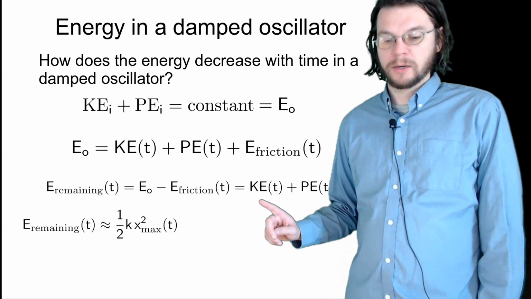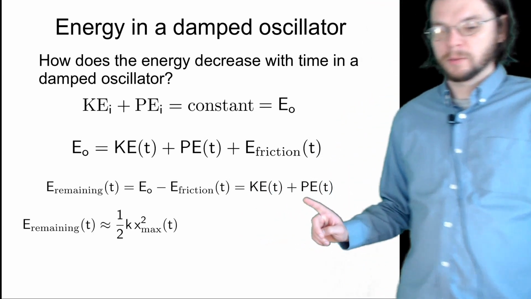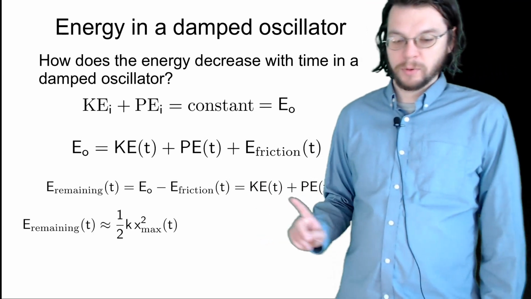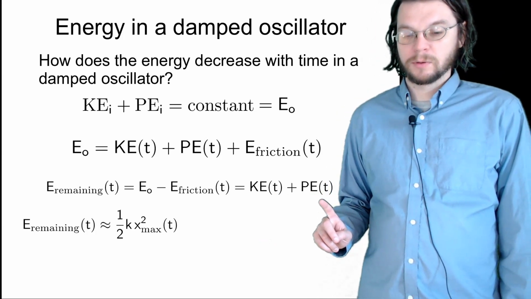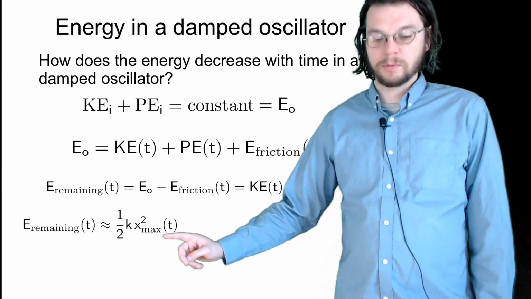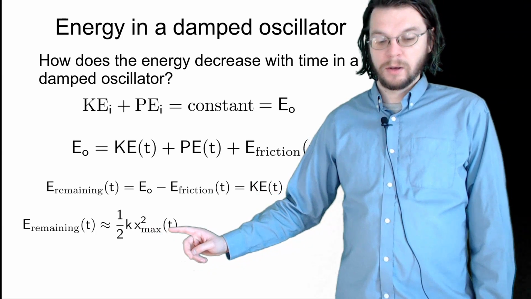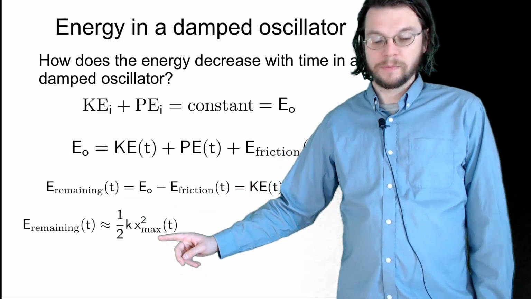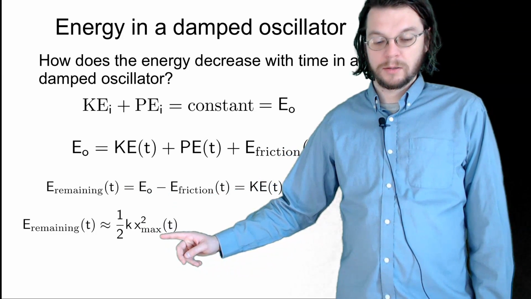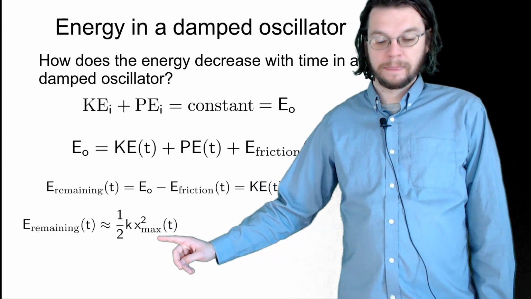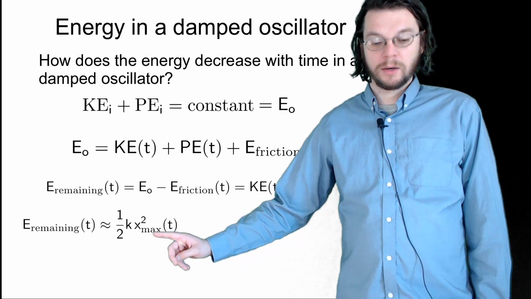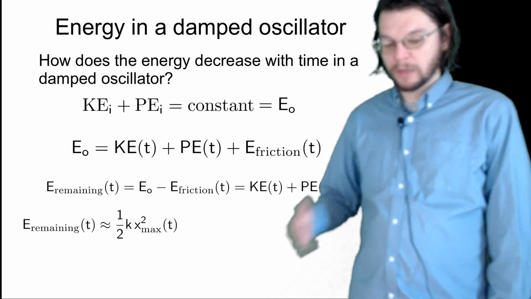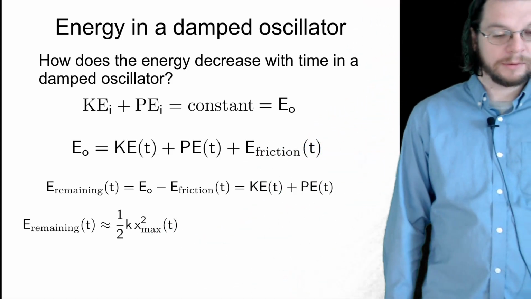So when this is 0, the potential energy stored in the spring is at its maximum, at its maximum displacement. And so you can say that the remaining energy in the system is all in potential energy at those moments, and that depends on how large a displacement you have left.